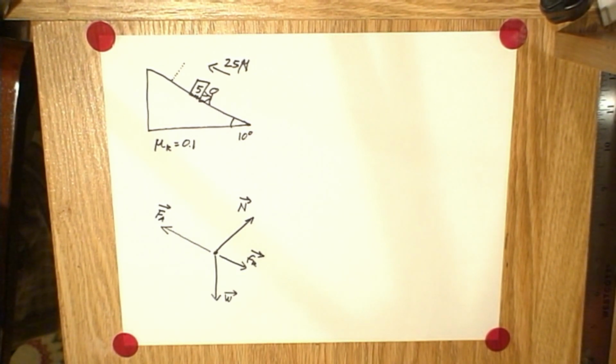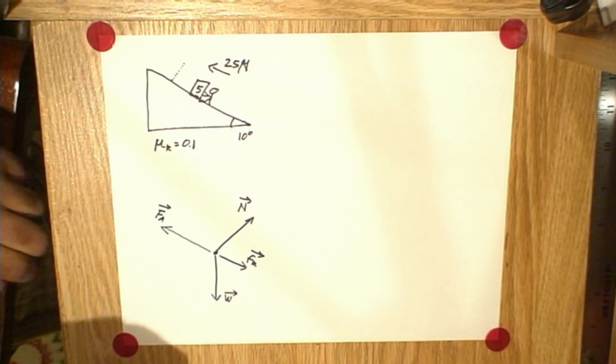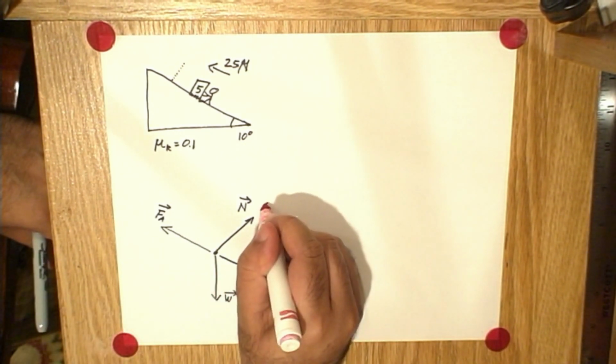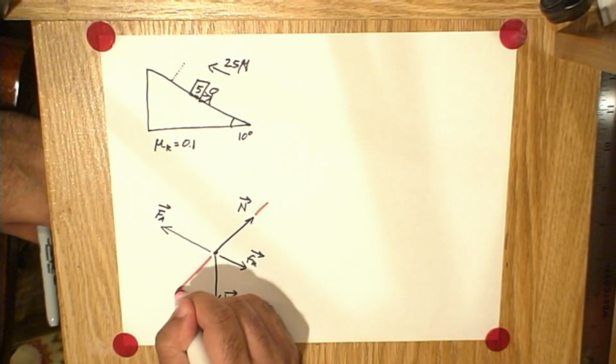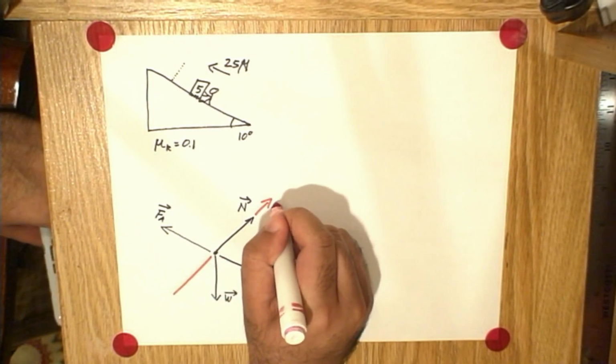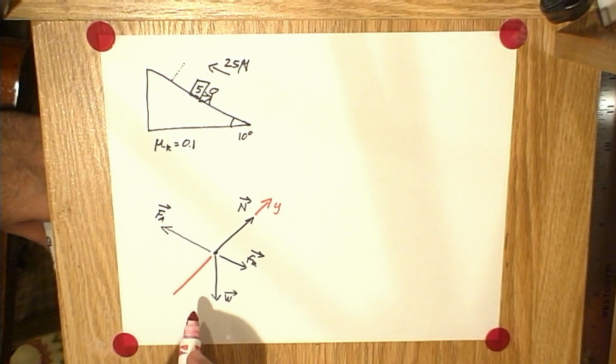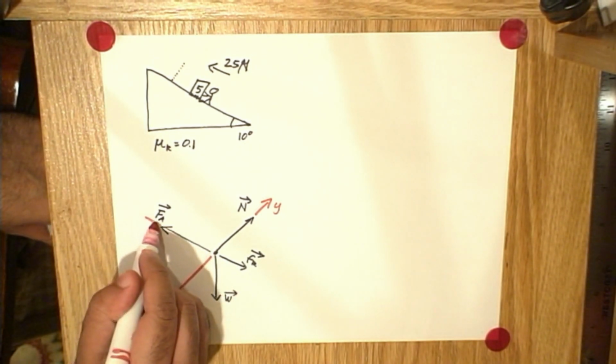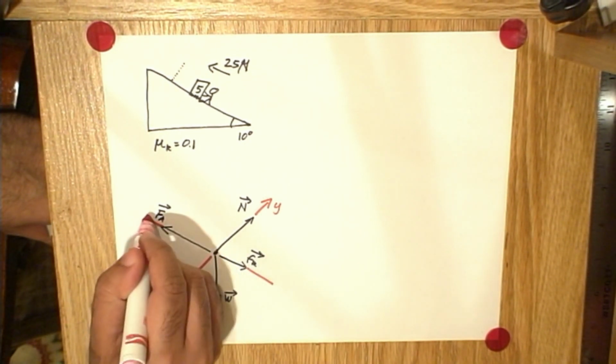Now we are ready to draw our axes. I'm going to set positive y to be along the normal force, as we usually do in ramp questions, and I'm going to set positive x to be up the ramp.